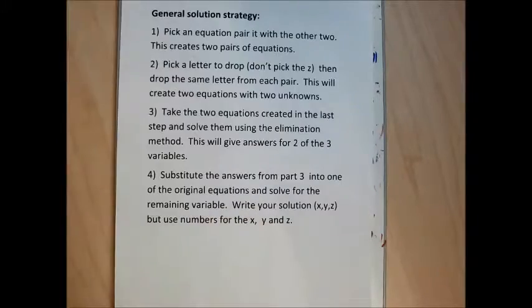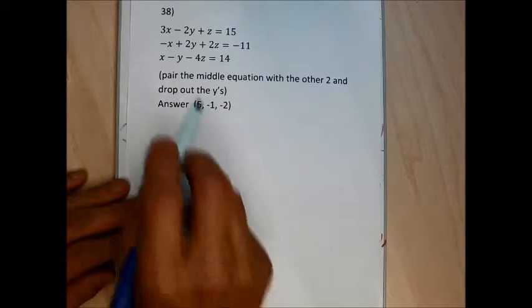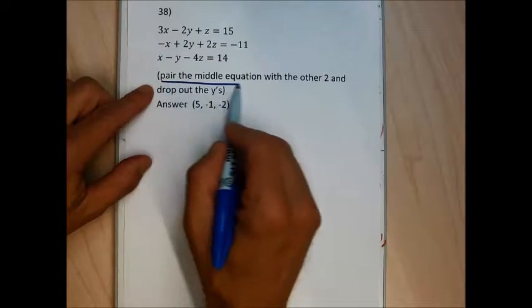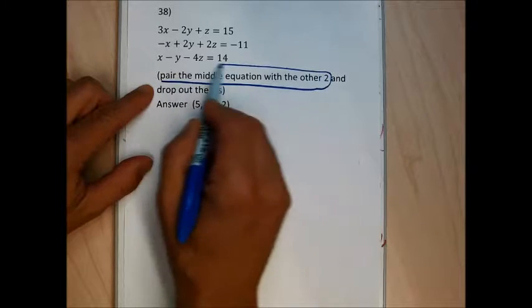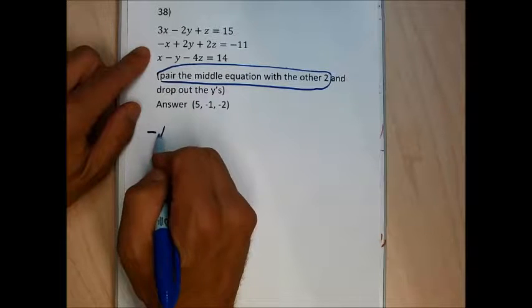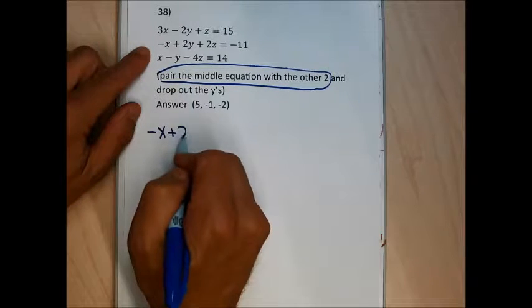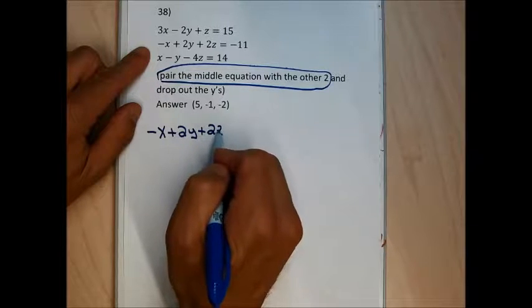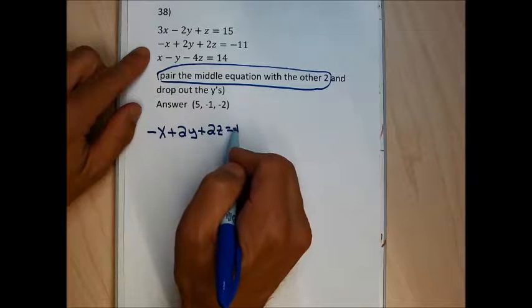So when I flash up my problem 38, the very first thing I want to do is pick an equation and pair it with the other 2. I said to pair the middle equation with the other 2. So that's how I'm going to get started for problem 38. I'm going to take the middle equation, negative x plus 2y plus 2z equals negative 11.